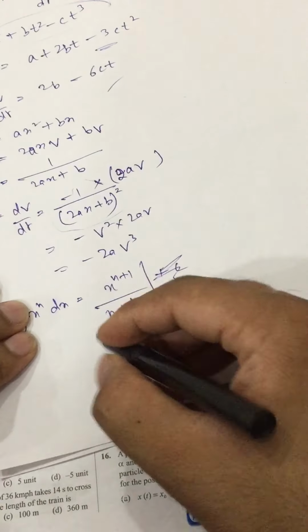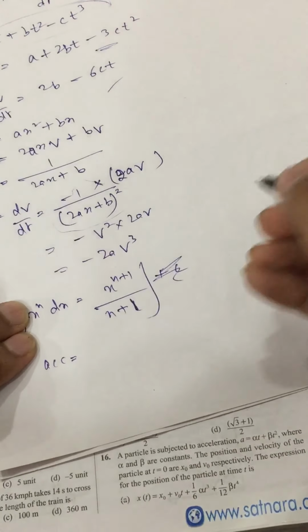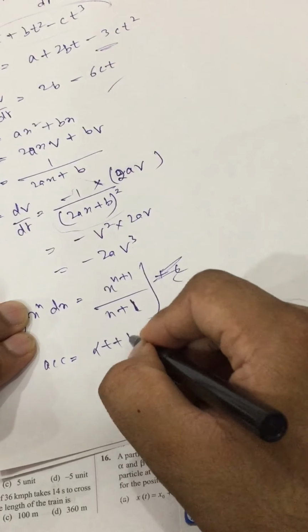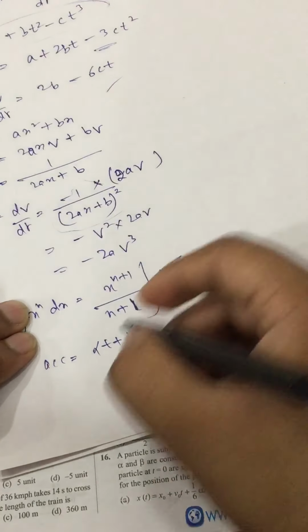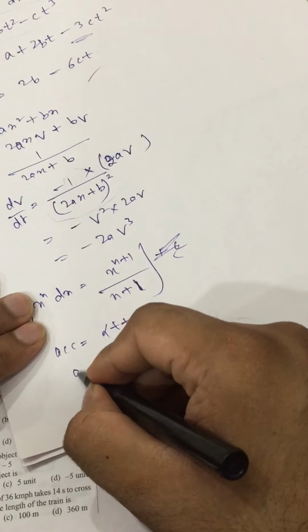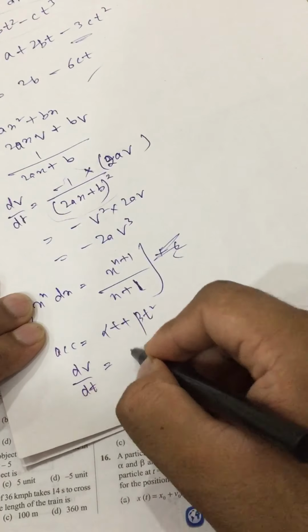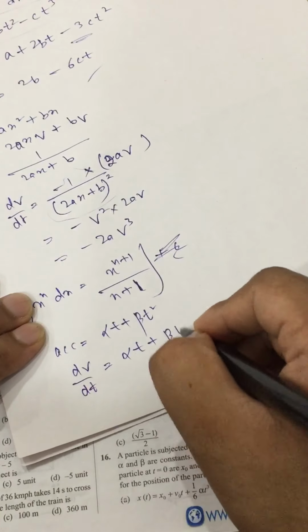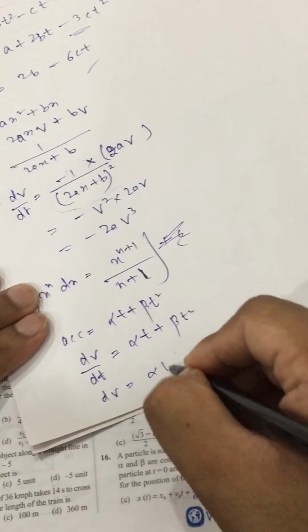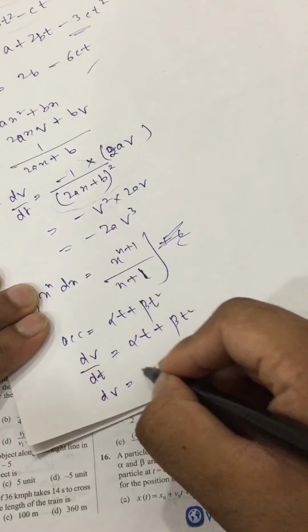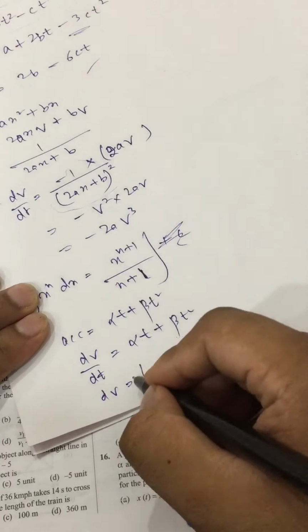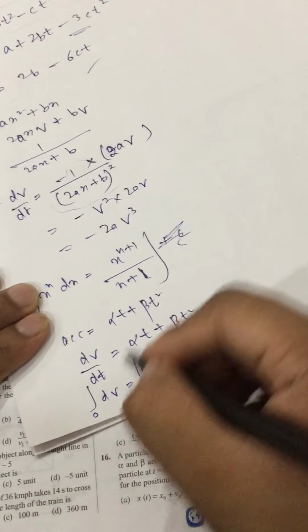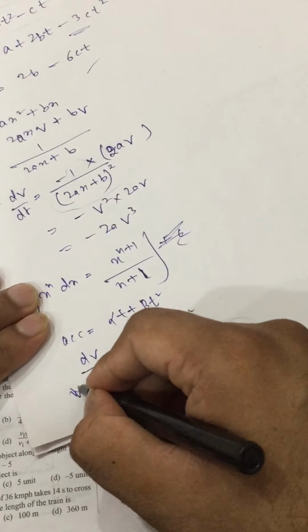And let us see, acceleration was alpha t plus beta t square. Now this is dv by dt. Acceleration is alpha t plus beta t square, so dv becomes alpha t plus beta t square into dt, and we will integrate. At t is equal to 0, velocity is v naught. At t is equal to t, velocity is v.